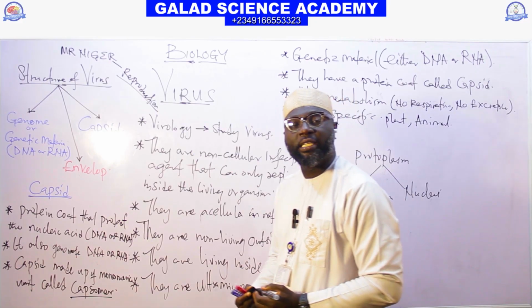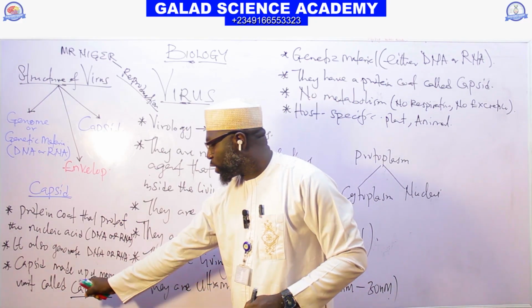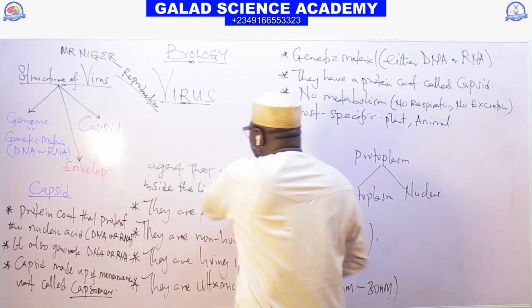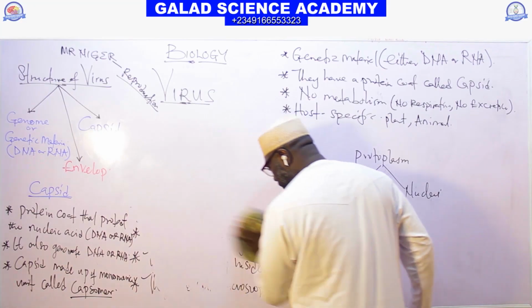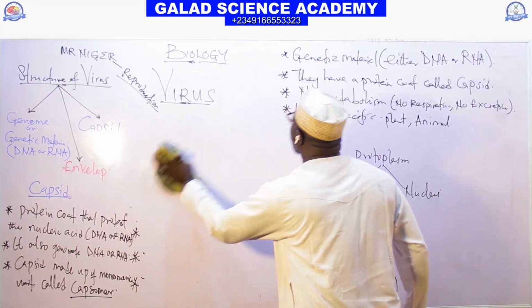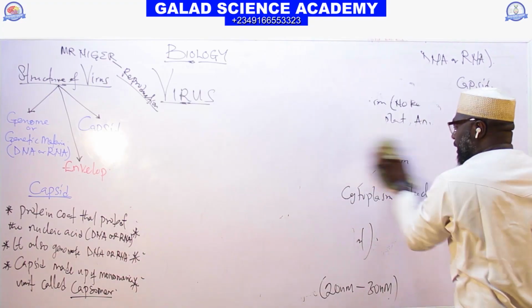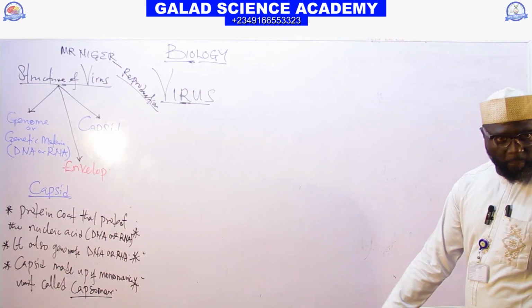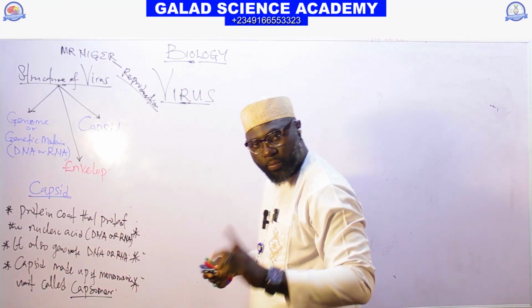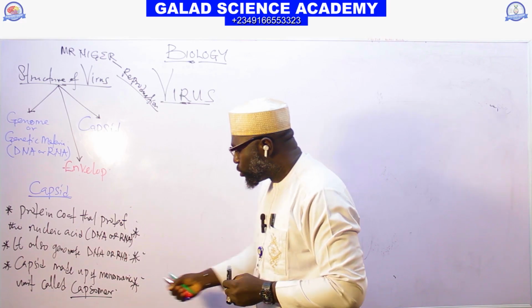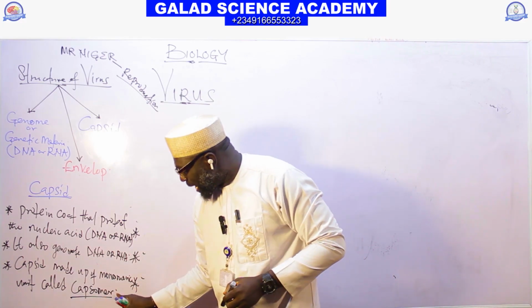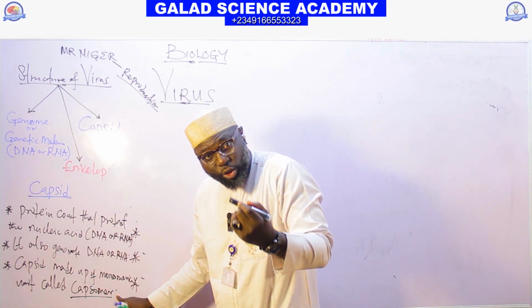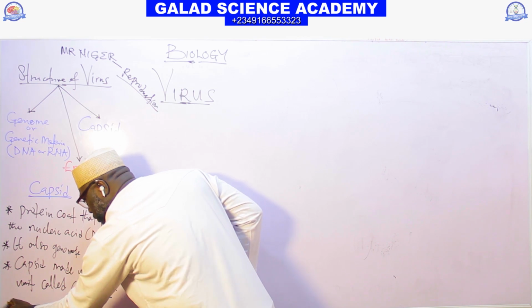The basic unit of the capsid is called capsomere. I will show you the structure here. The basic unit of the capsid is capsomere. And this capsomere is also made up of two or more monomeric units.